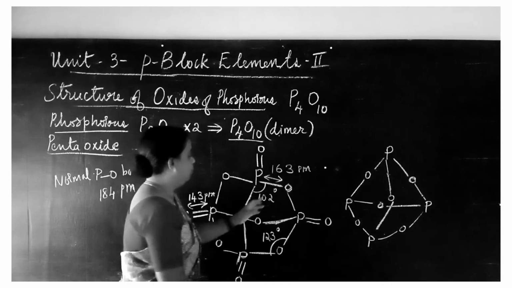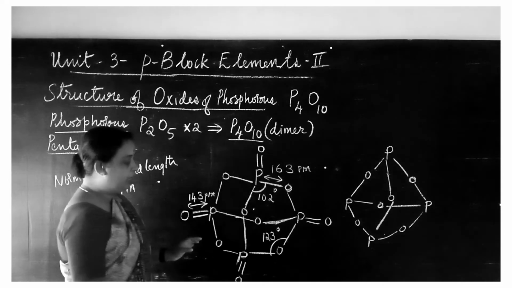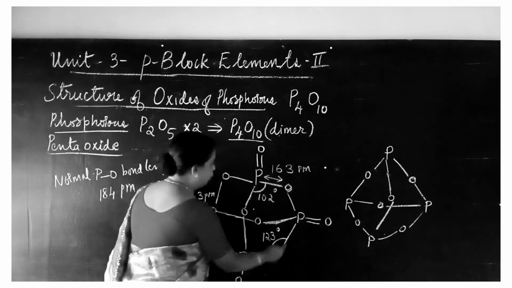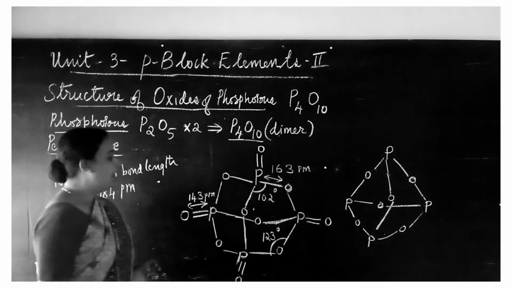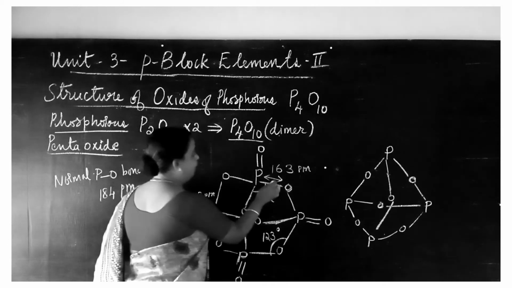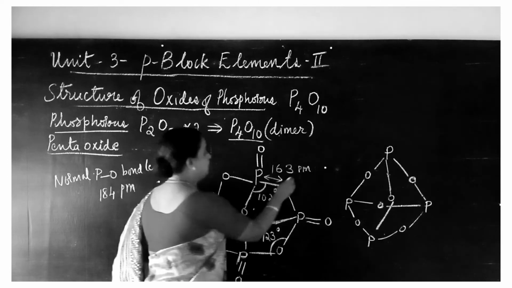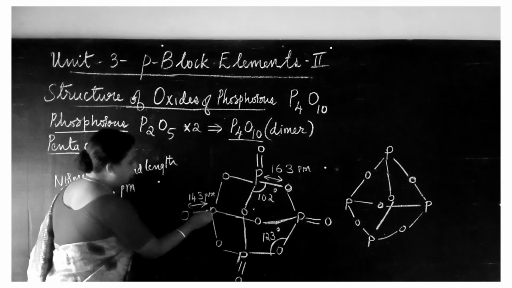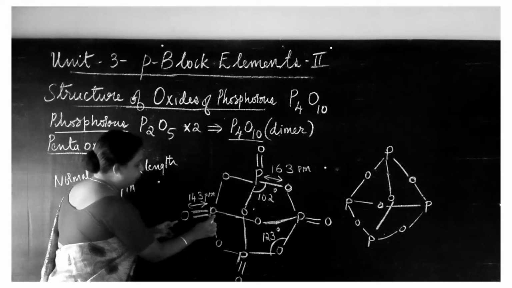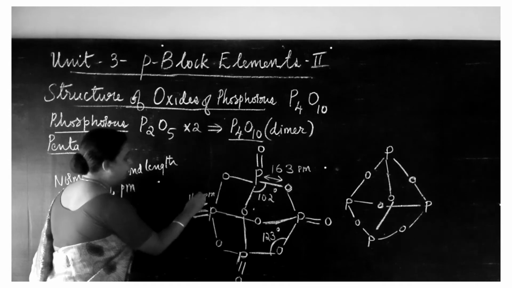So OPO, this bond angle is 102 degree, and the bond angle between phosphorus, oxygen, phosphorus, this bond angle is 128 degree. And the bond length of the sigma bond, the PO bond, phosphorus oxygen bond, is 163 picometer, and the bond length of the coordinate bond between phosphorus and double bond O is 143 picometer.